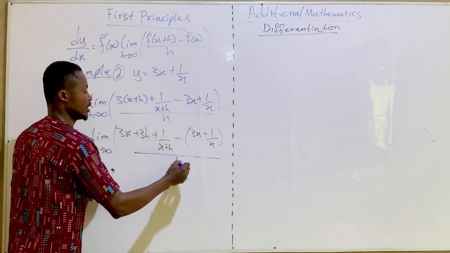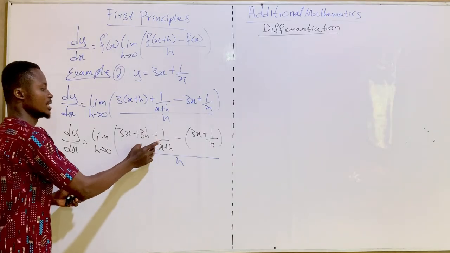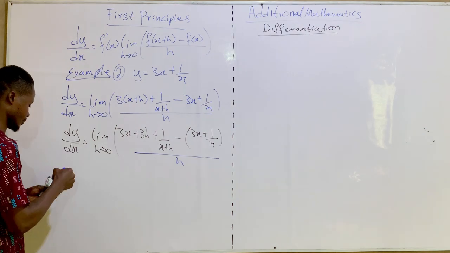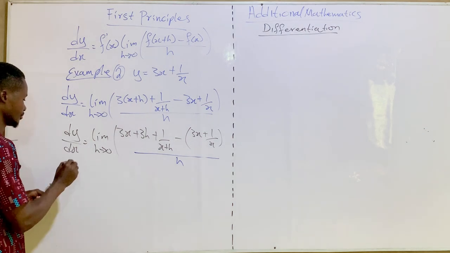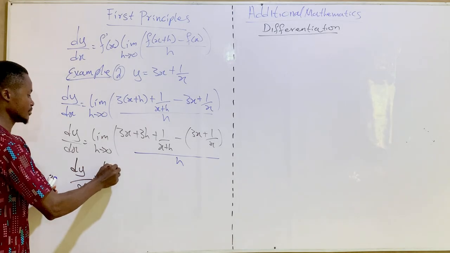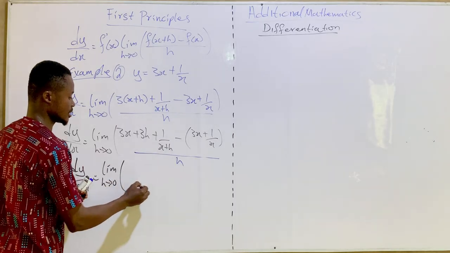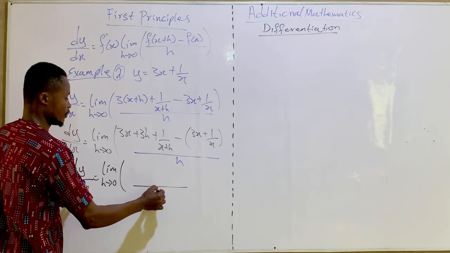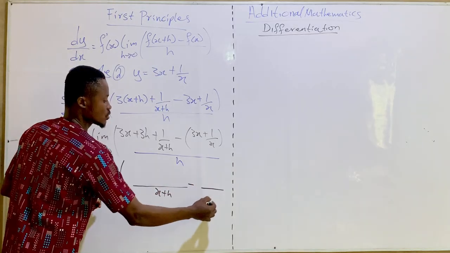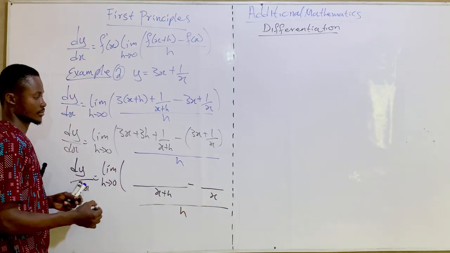all over h. Now the next step is to find the LCM for this and this separately. So our dy over dx will be equal to the limit h approaches 0. The LCM for here will be x plus h. Over here too, that will be x, all over h.